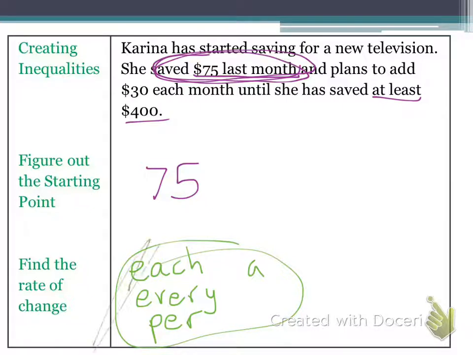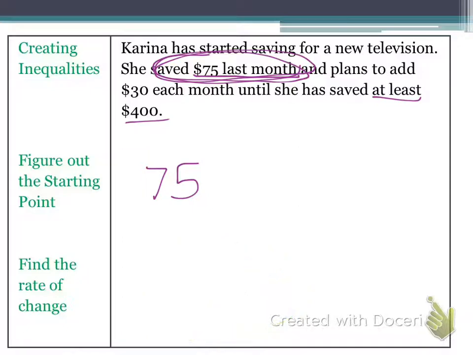When we look at this word problem, we see it says plans to add 30 each month. I'm going to circle the add as well. This word each means 30 is my rate of change. It's changing 30 each month, so I'm going to say 30M.